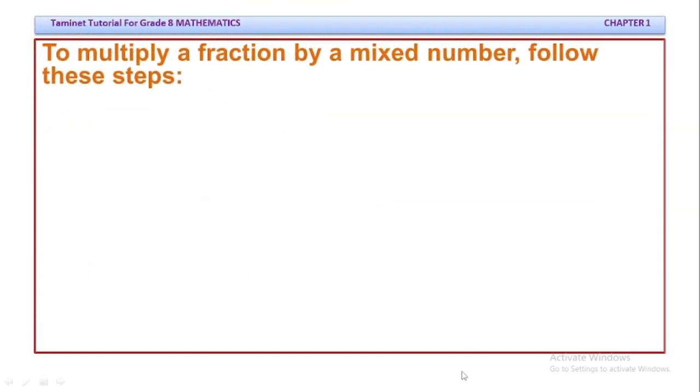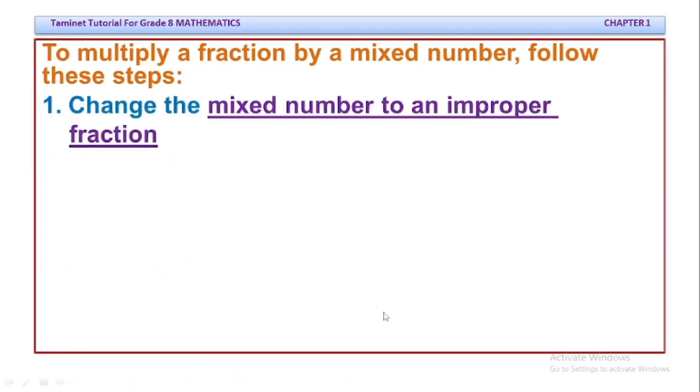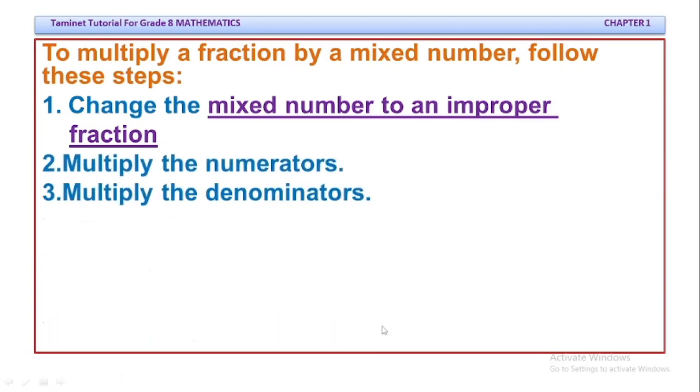To multiply a fraction by a mixed number, follow these steps. First, change the mixed number to an improper fraction as we did before, and multiply the numerators and multiply the denominators. Just simply use the rules and simplify.